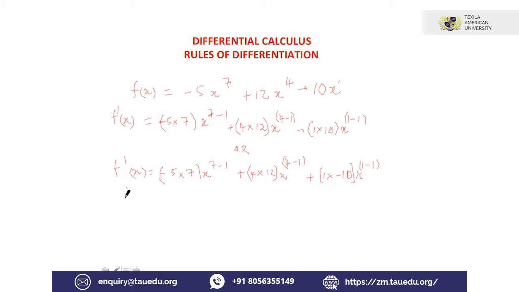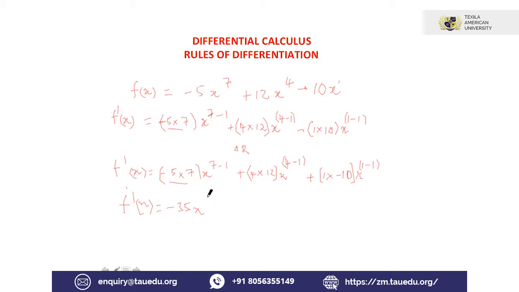So we will see that if we have f prime of x, here this will give us negative 35. This is also giving us negative 35. Then x, 7 minus 1 is 6, 7 minus 1 is 6.